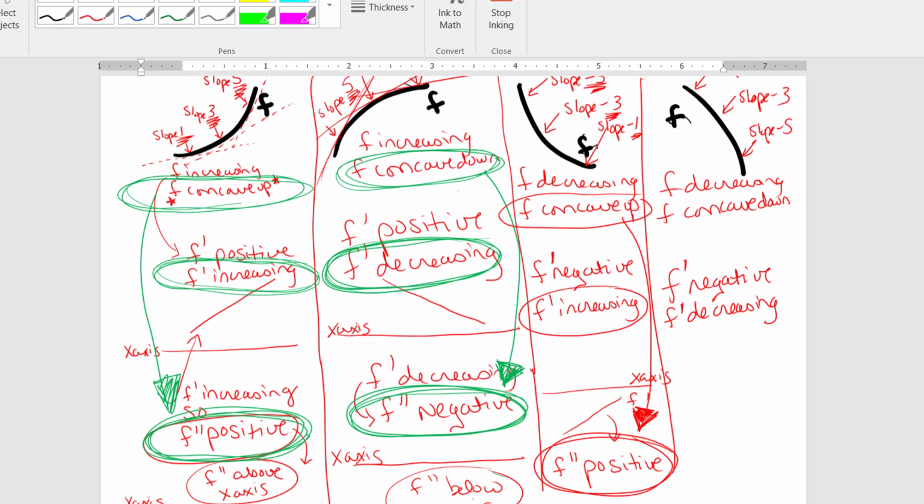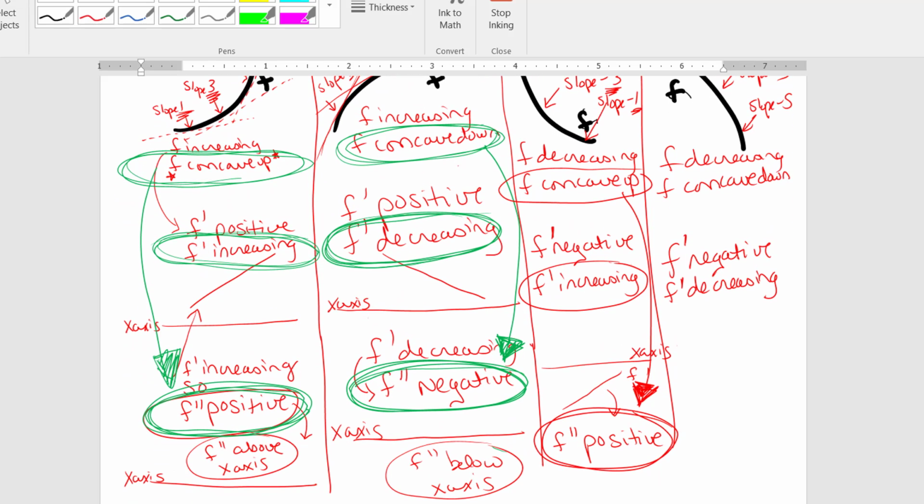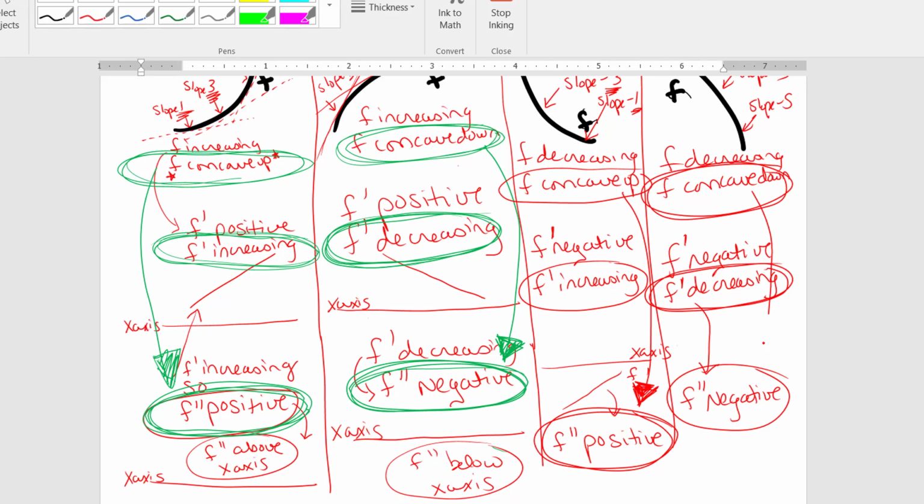Going the next step, we find the derivative of the derivative. We find f double prime. Because f prime is decreasing, its derivative, f double prime, is negative. Making that final leap then, f concave down means f double prime is negative.